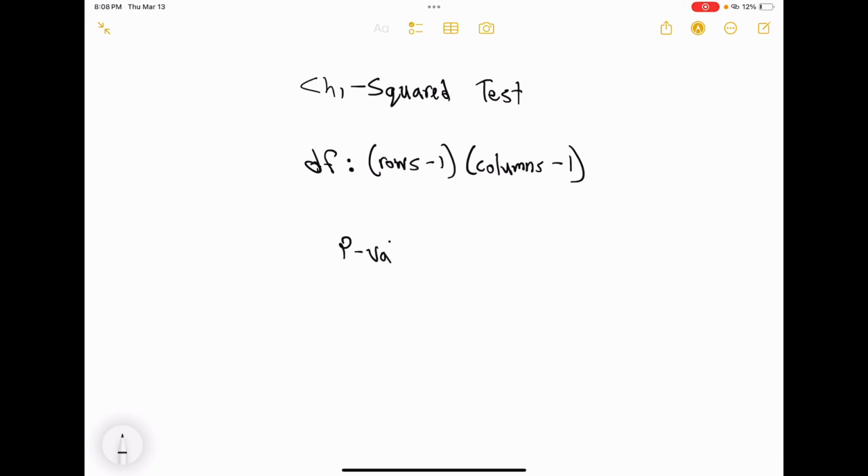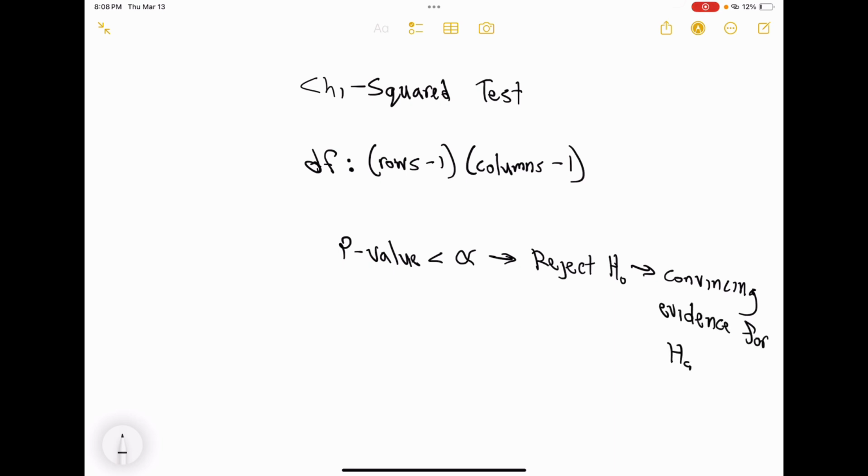If the p-value, just as always, is less than the alpha, then you should say both of these things: reject the null, and you will say convincing evidence in context for the Ha. And then, of course, the opposite holds true.